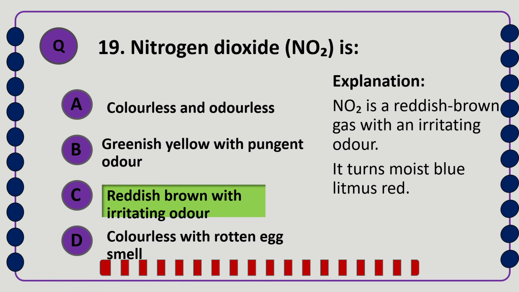Let me remind you, this is the second colored gas we are coming across. The first colored gas was chlorine. So this is the second colored gas, that is nitrogen dioxide. It turns moist blue litmus paper red. This statement proves that nitrogen dioxide is acidic in nature.